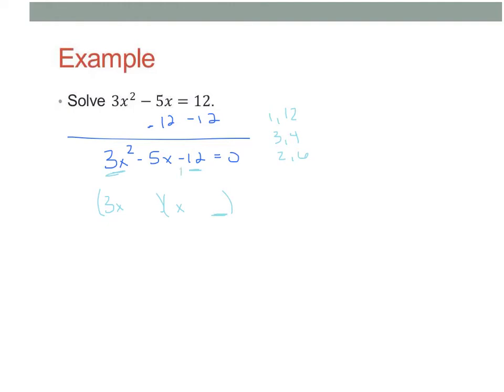And so my signs are going to be different. That's something to keep in mind. So if I'm looking at trying to make 5 in the middle, I would put a 3 over here to make 9, and the 4 over there, so that I have 9, and I want a negative 9 plus 4, to give me my negative 5, and then we're going to set each factor equal to 0.